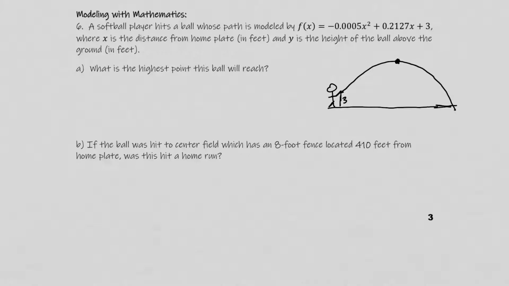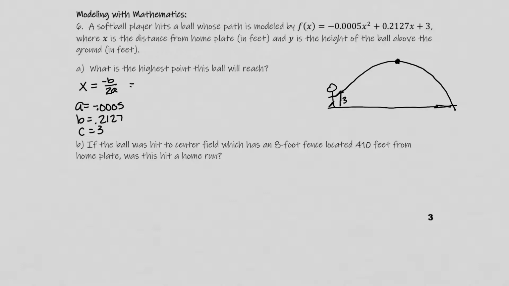We really want the x value so we can find the y value. This equation is in standard form, so we know x is going to equal negative b over 2a. And we know a is negative 0.0005, b is 0.2127, and c is 3.